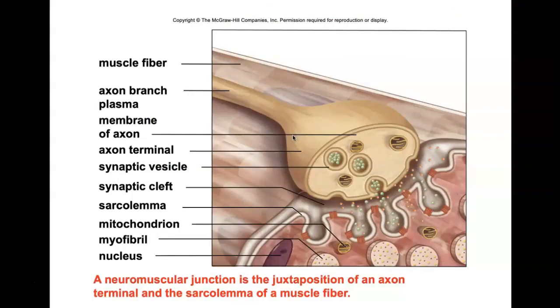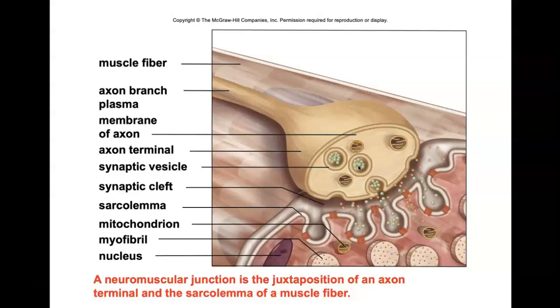If we take a closer look, the axon terminal does not attach to the muscle fiber. There's actually a gap left, maybe a few micrometers of distance, so the two cells don't touch. This gap is known as the synaptic cleft, and there are vesicles on the axon terminal which store a neurotransmitter.